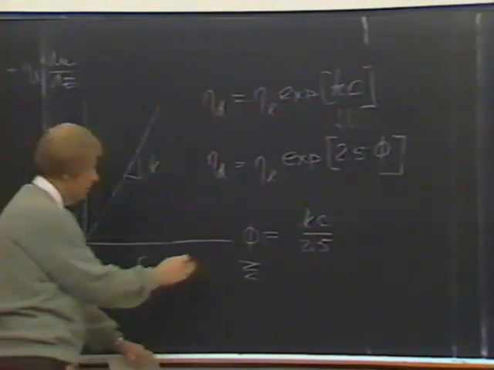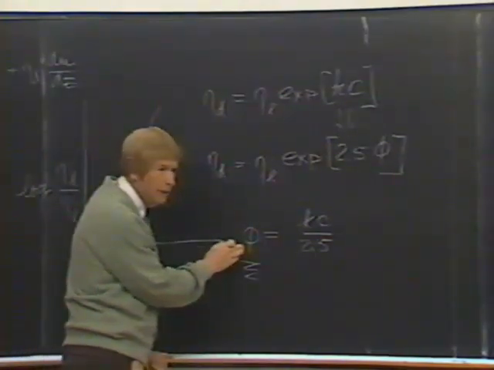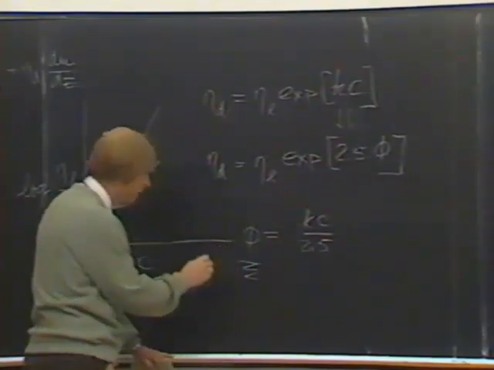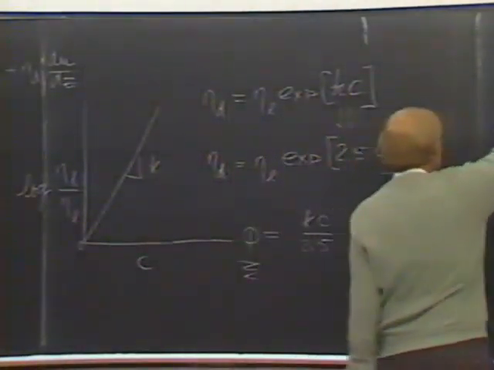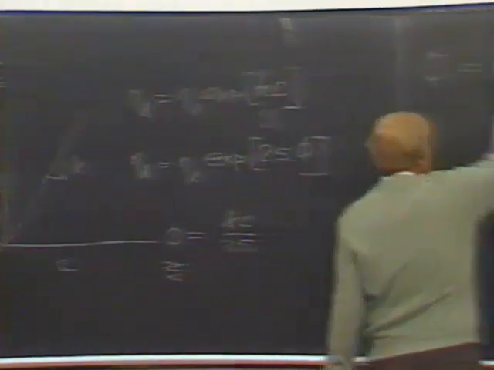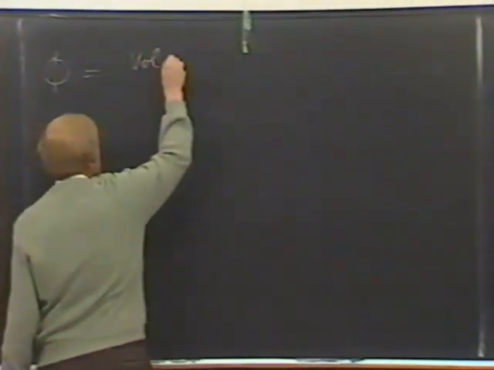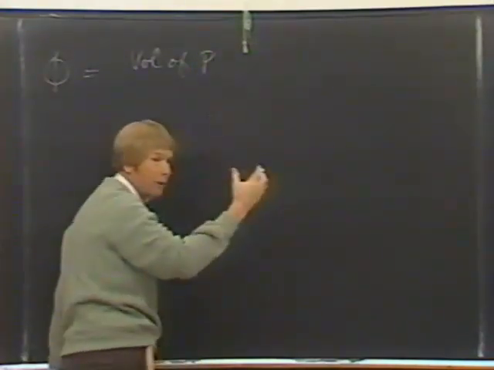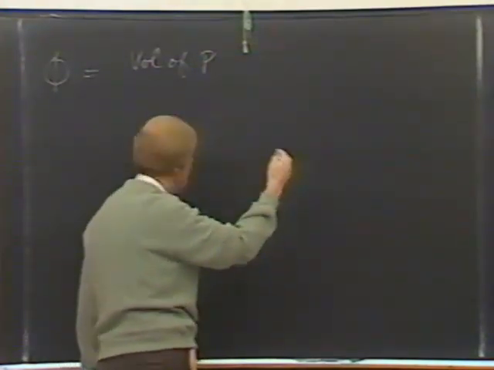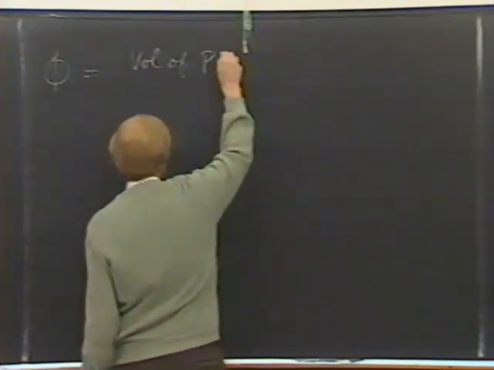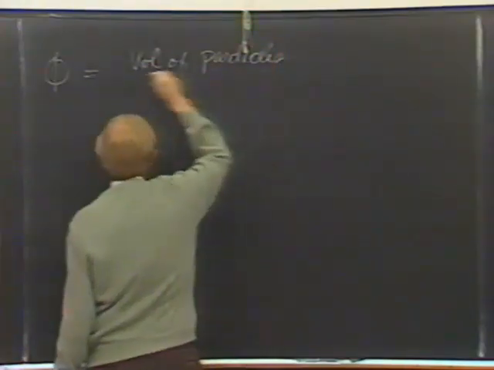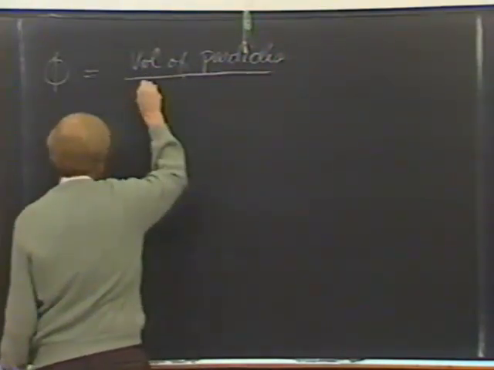This term seems to mystify newcomers, so I'm going to elaborate just a little bit. This is the volume of particles, which might be aggregates with the water incorporated between the internal particles, divided by the volume of the suspension.